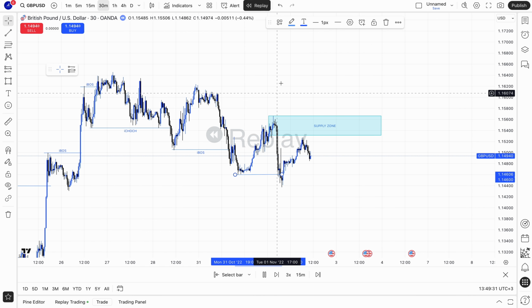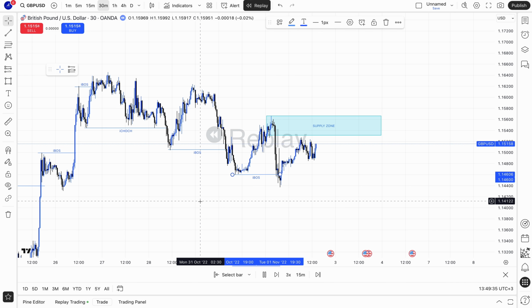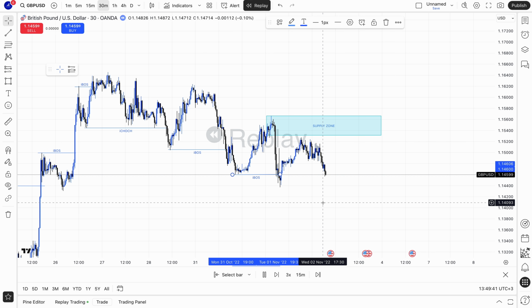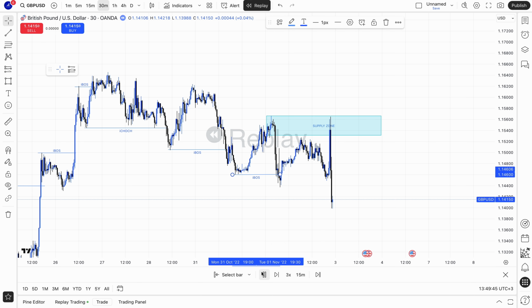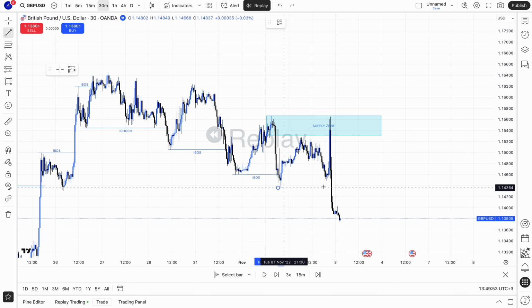Supply zone, continuation to the downside, break of structure to the downside. Had news, super clean news, bam, bam. Then we continue down.